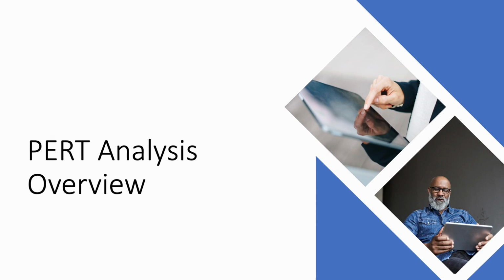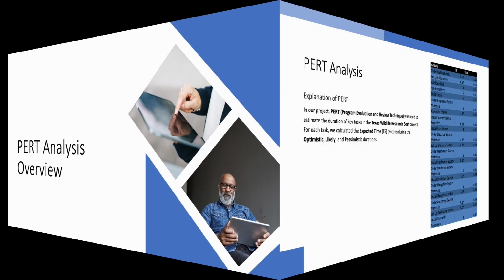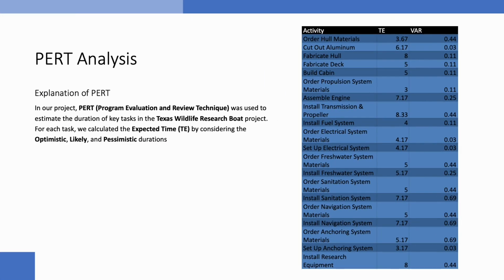Now we're moving on to the PERT analysis overview. So we used the PERT technique to estimate task durations by factoring in uncertainty. To calculate the expected time for each task, we used the formula TE, which was the optimistic plus 4 times likely plus pessimistic, divided by 6.